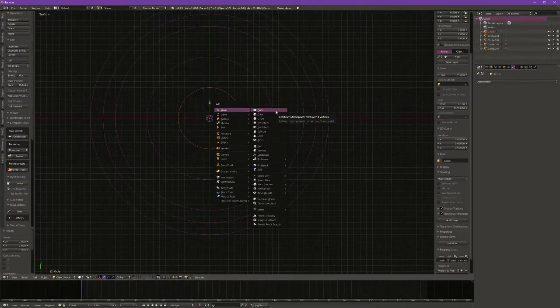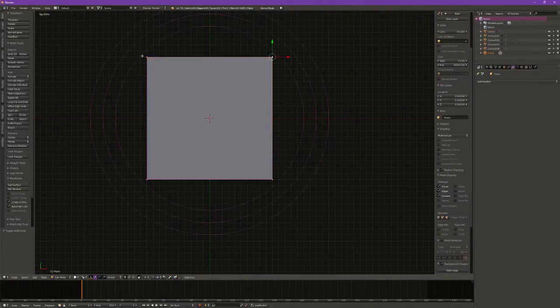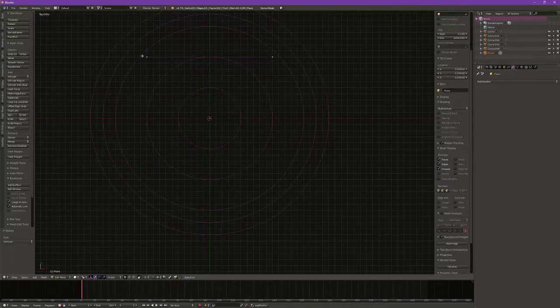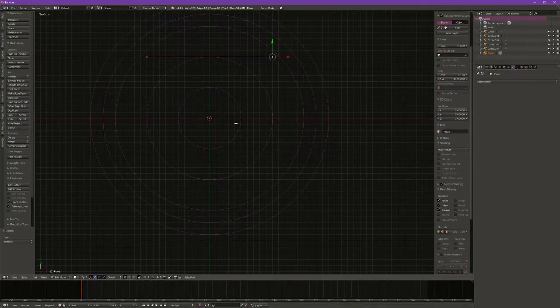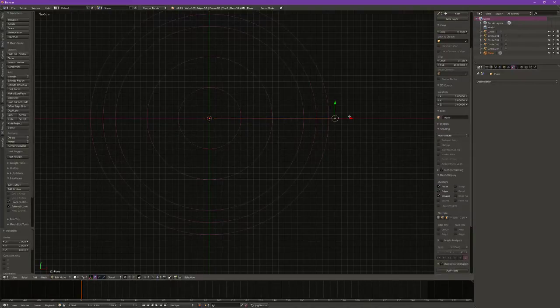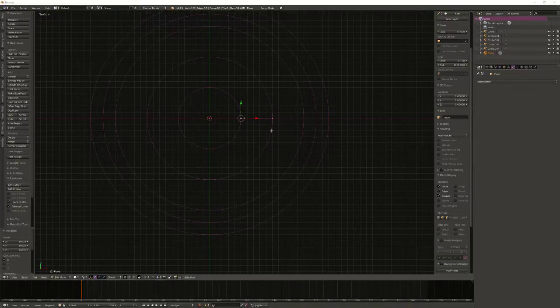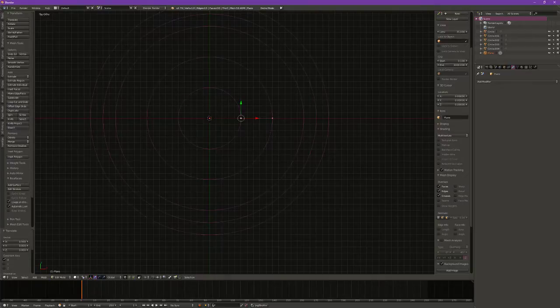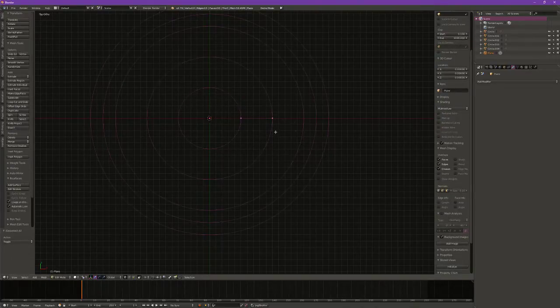So we also got our spokes, which go from our inside thing to our outside thing.